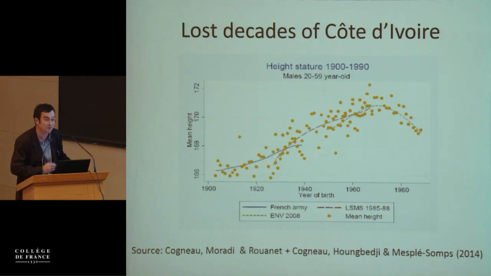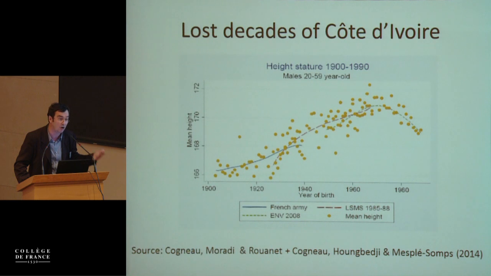So here we focus on an individual country of Africa, and the height gains that were obtained during these first three quarters of the 20th century are very much comparable to, for instance, Robert Fogel's figures for Britain or France that were achieved at the same time.